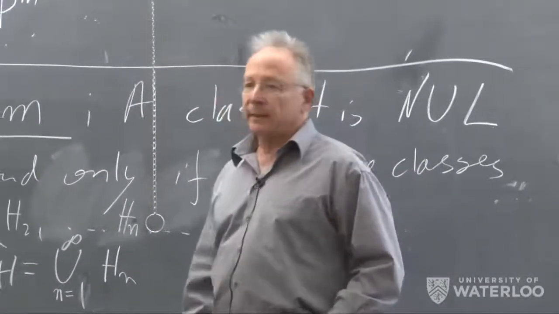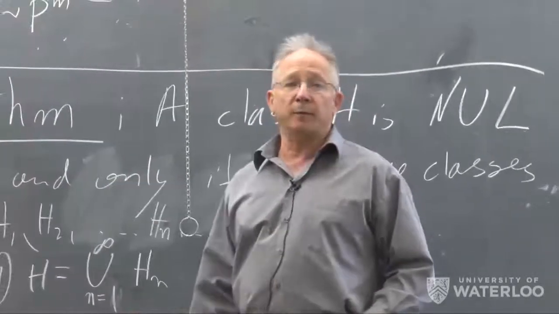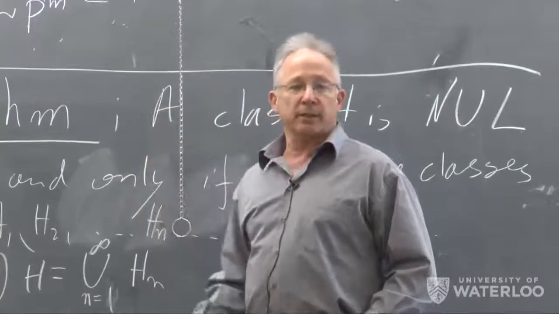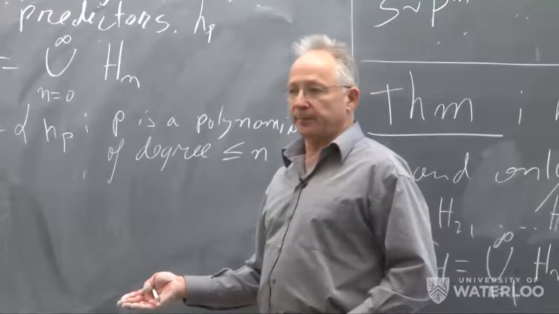So H1 is the linear predictors. Linear predictors over the line are very boring. It's only just threshold functions. H2 is all quadratic polynomials.